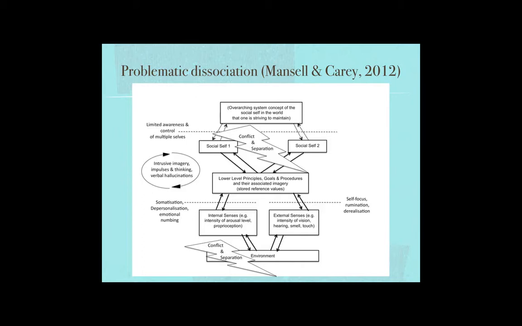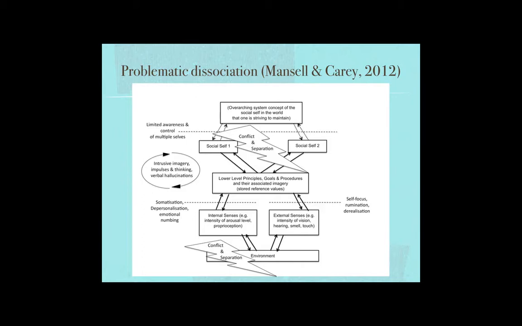And then on the bottom layer, we have ways that a person might dissociate from their internal senses that are less controlled, like depersonalization and numbing, and ways that they might dissociate from their external senses that's uncontrolled, such as ruminating and self-focus, being stuck with thoughts in their own heads. And so this time we represent that imagination mode, because it's out of control, as intrusive imagery, impulses and potentially hallucinations.